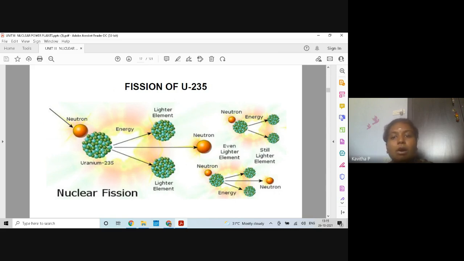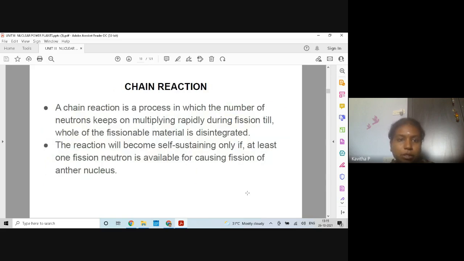Collectively, all the heat energy from the fission process is utilized to convert water into superheated steam. And in this chain reaction keeps on multiplying, and it goes on and on. There is a rapid multiplication during the fission process, and the whole fissionable material is disintegrated.